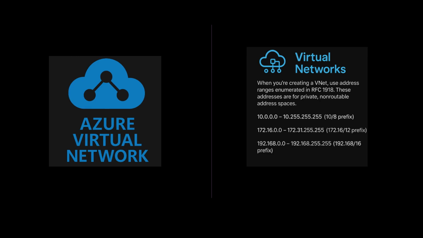When you are designing virtual networks, make sure to refer to the RFC 1918 address ranges shown on the screen. These private IP ranges are essential for building secure and non-conflicting network architectures within your Azure environment. Always plan ahead and choose a range that avoids overlap with existing or future networks.